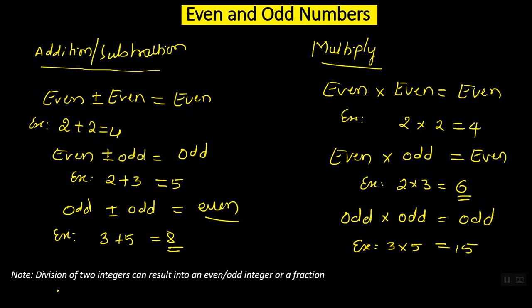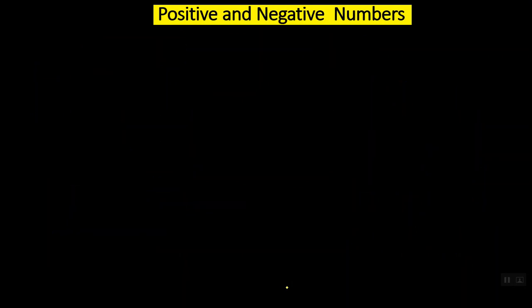So note here, division of two integers can result in an even, odd, or a fraction. So there is no such rule related to the division of even or odd integers. Okay, right. Now let's go to the next topic, positive and negative numbers.